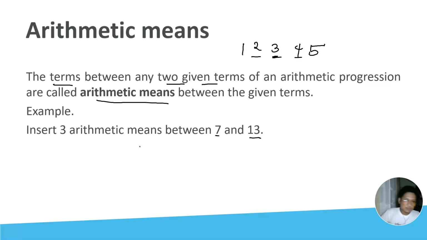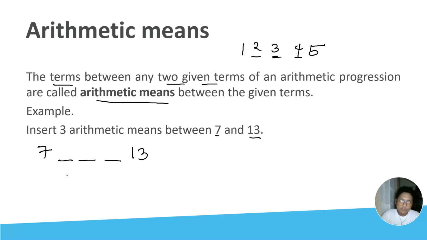So, kung titingnan mo, kung meron tayong 7 and 13 at may tatlong arithmetic mean, ibig sabihin, mag-insert tayo ng tatlong number sa pagitan ng 7 at 13. Pero, yung progression na yan ay naka-arithmetic progression. So, paano ngayon mahanap yung tatlong term na missing? Ang way para ma-solve natin yan is that we assign values.